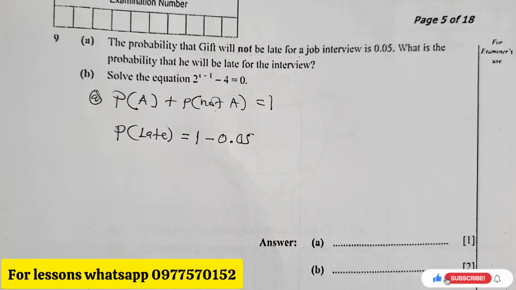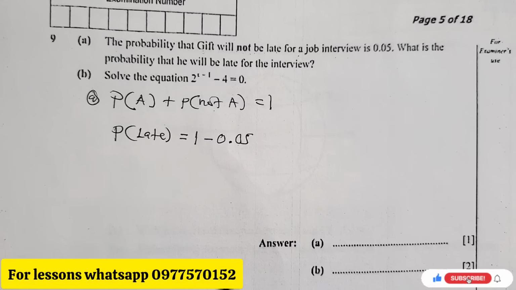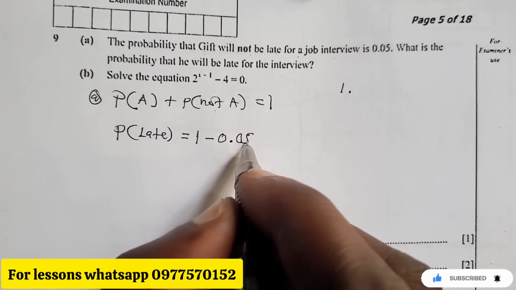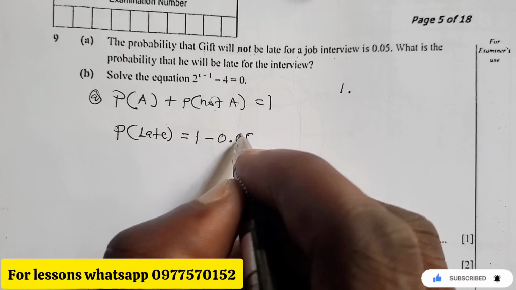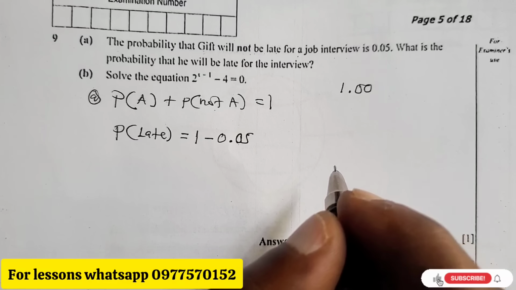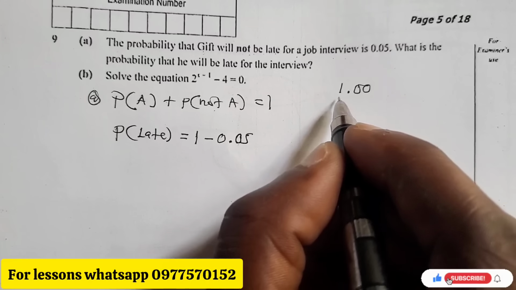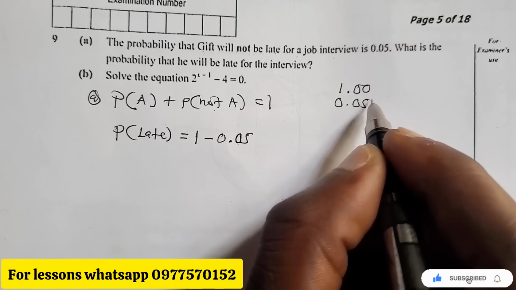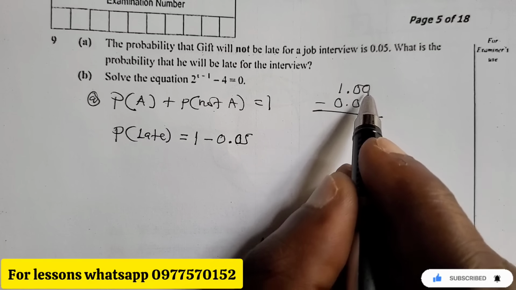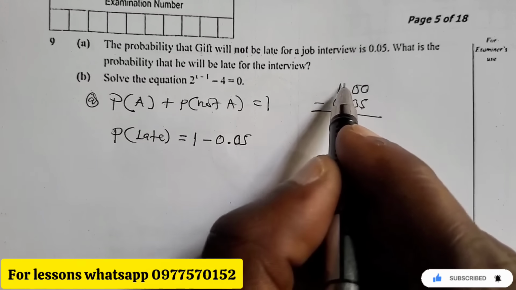0.05. Now subtract. To subtract this nicely, you can write 1 point, and since you have two numbers after the decimal point, we can put two zeros there. Then 0.05 and subtract. It's just a mark, guys. So 0 minus 5 cancels, so I'm going to borrow 1 from this.